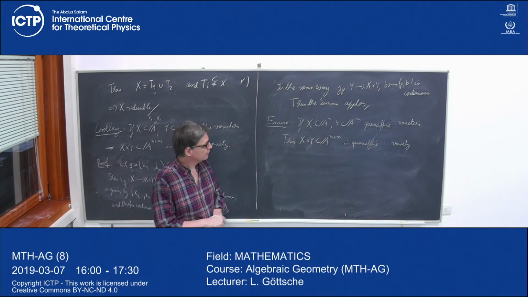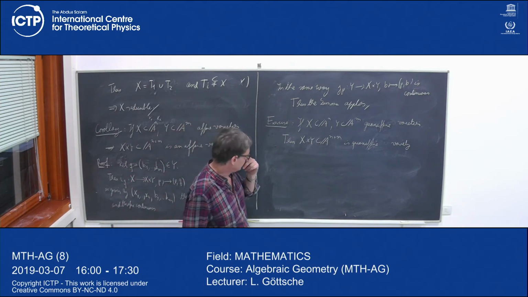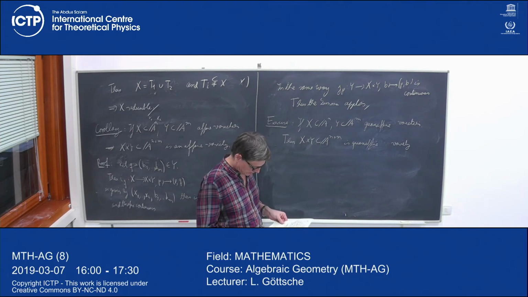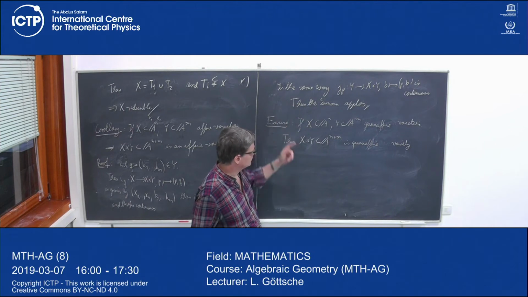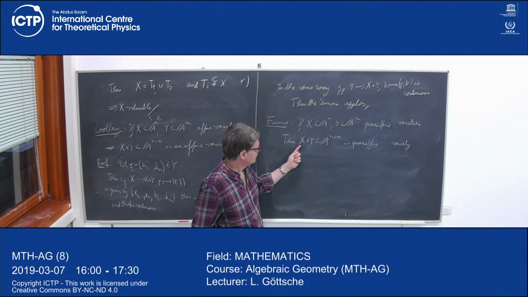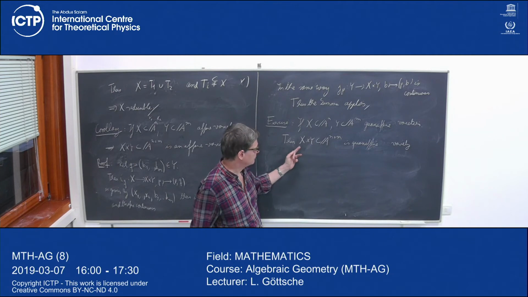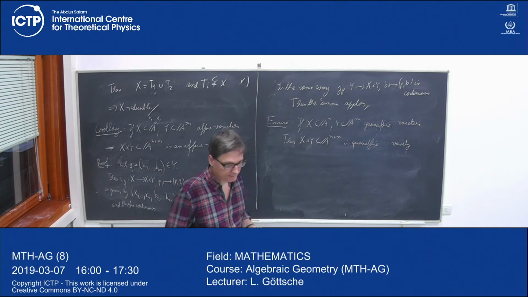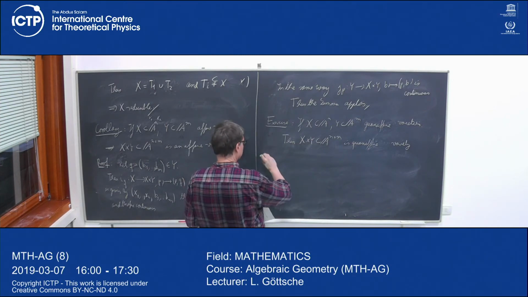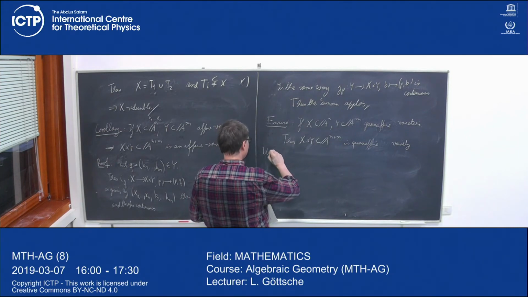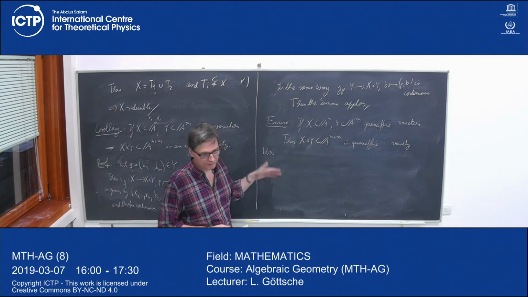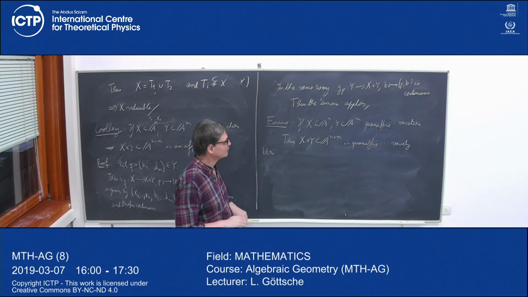There's a certain universal property basically saying that a map from any variety to x times y is the same as a pair of maps, one from the variety to x and one from the variety to y. So let's write this down. You will see later that when we use products, this is most of the time the only thing we use. We don't go back to the definitions.